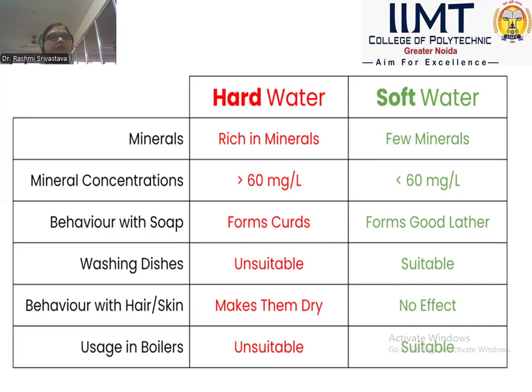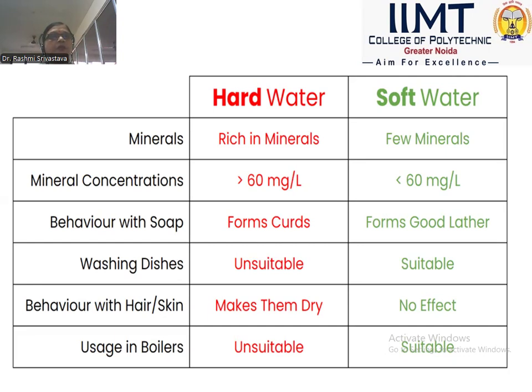Next, coming to the behavior with our skin and hair, hard water is unsuitable for bathing or hair washing. Soft water has no adverse effect on the skin or hair.